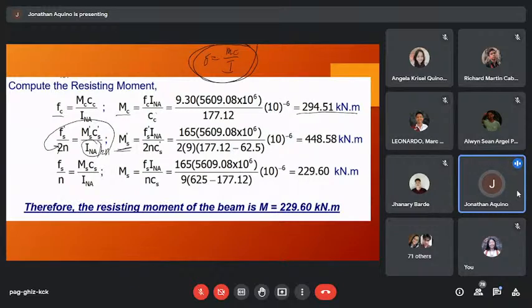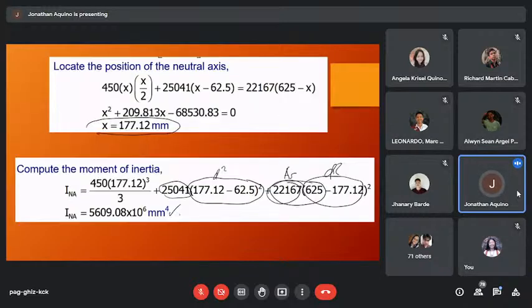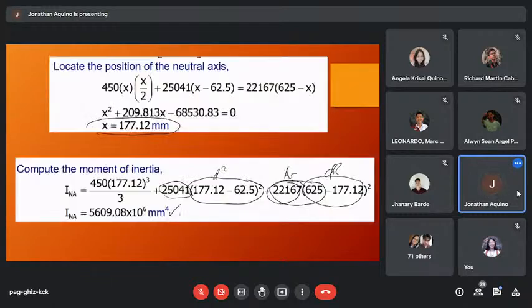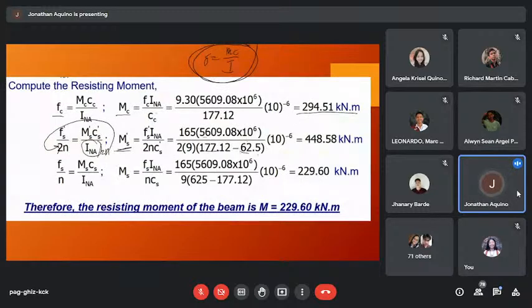So 165 times the moment of inertia divided by 2 times N times the lever arm. The lever arm of the steel to the centroid is x minus d prime. This gives a moment capacity of 448.58 kilonewton meter.